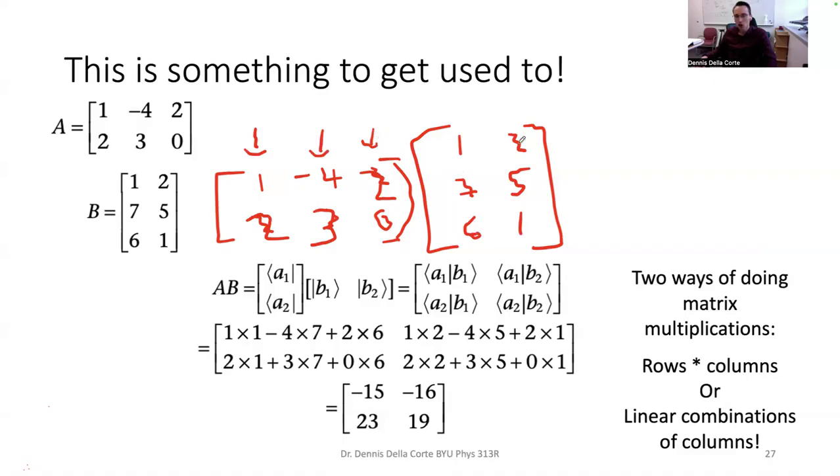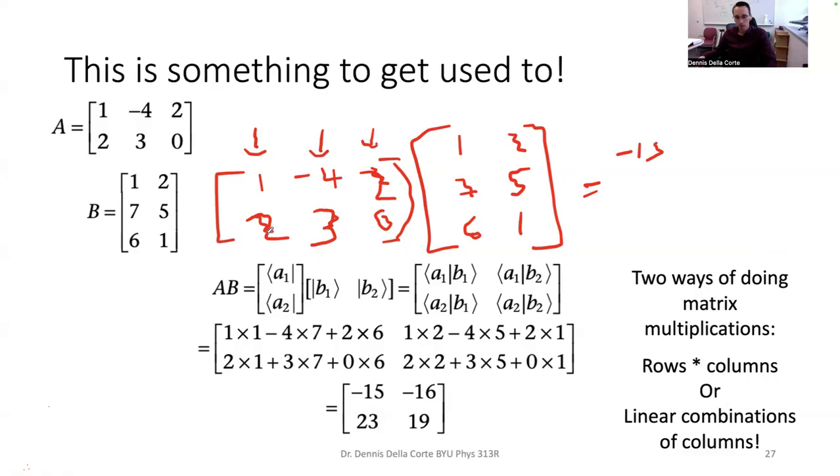Each of the columns in the B matrix gives us the weights of how much each of these columns will be represented in the final matrix. So I would have 1 times this column, 7 times this column, and 6 times this column. That would be 1 times 1 plus -4 times 7, which is -28, plus 2 times 6, which is 12. That would be -15.